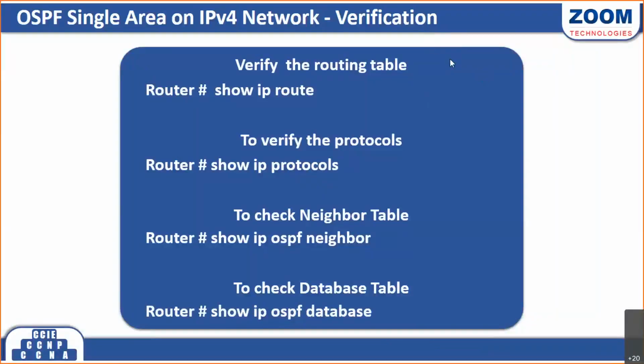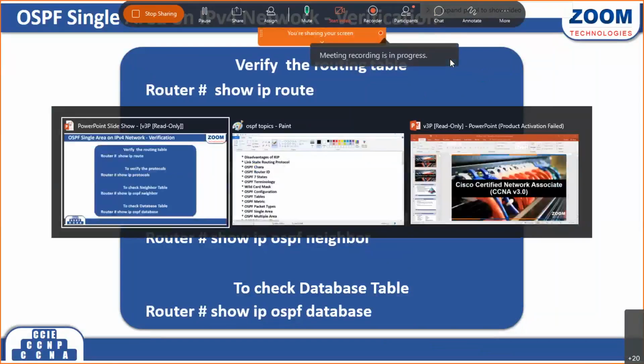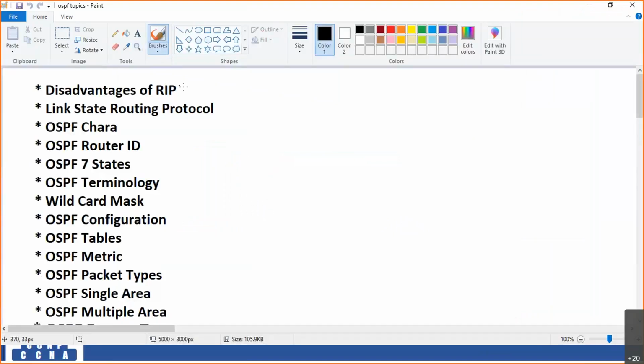So in your previous session, I discussed OSPF. Initially we started with the disadvantages of RIP, link state protocol, OSPF characteristics, and OSPF router ID. For the OSPF router ID, the first preference is the router-id command, the second preference is the highest loopback IP configured in the router, and the third preference is the highest physical interface IP address.